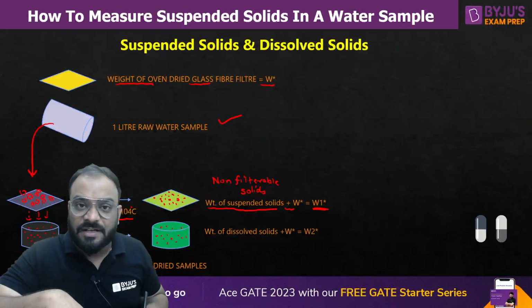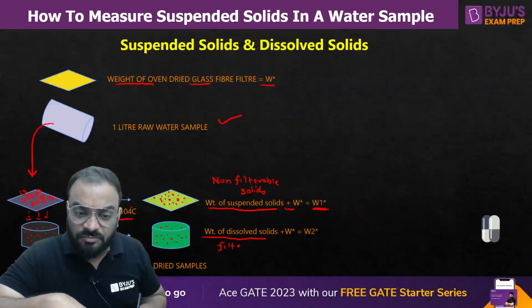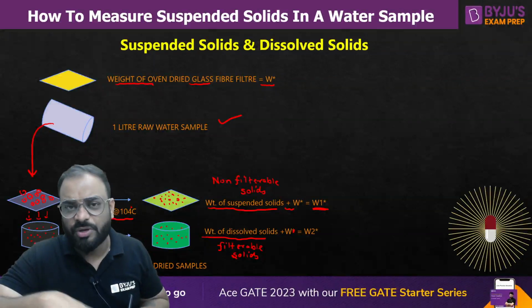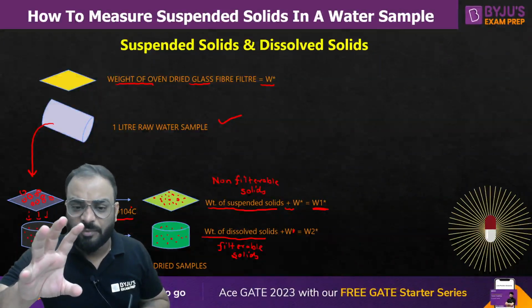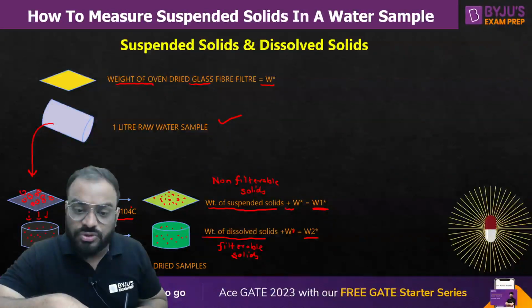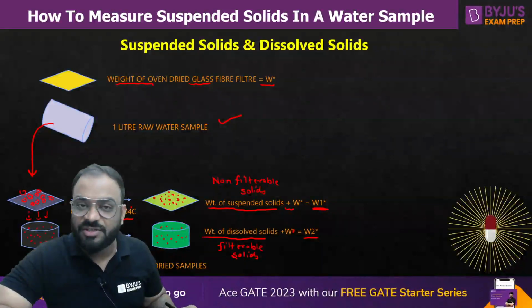Now the second part is weight of dissolved solid, which you can write weight of filtrable solid, plus W, not W star, it is W because the weight of crucible is W. Now if you add both the values, what you will get guys? W2 star.